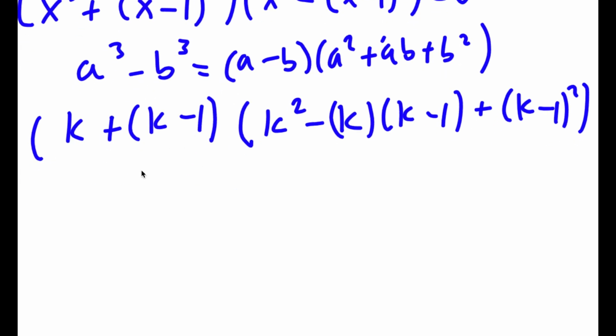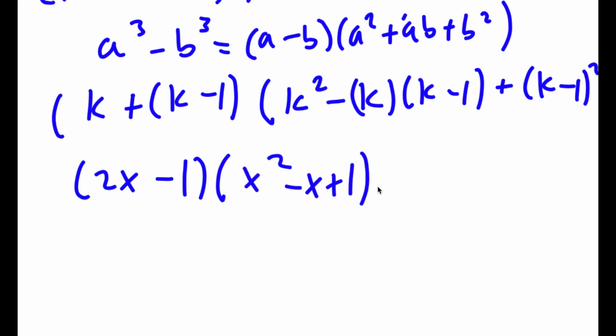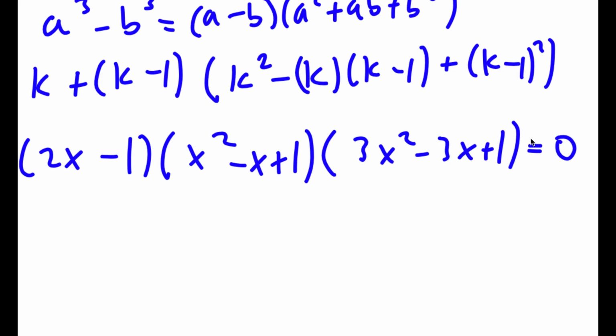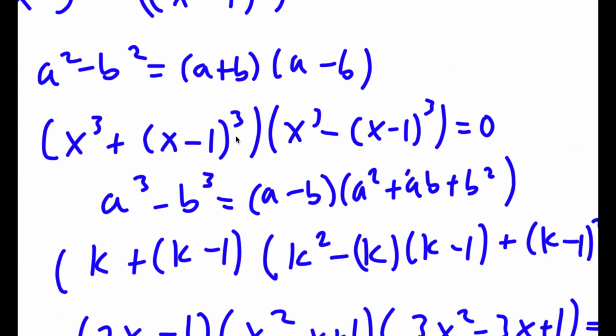So this simplifies to 2x minus 1 times x squared minus x plus 1 times 3x squared minus 3x plus 1 is equal to 0. Because we also added in, remember, we also have x to the power of 3 plus x minus 1 to the power of 3.